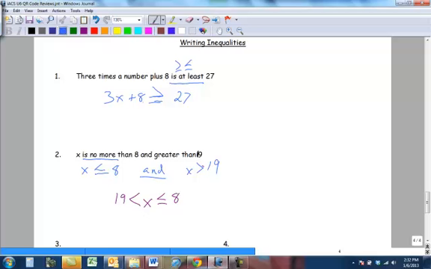Another acceptable answer would be x is greater than 19, right? That's what it says here. But then x is less than or equal to 8. Either one of these would be acceptable. You don't need to have both, though.